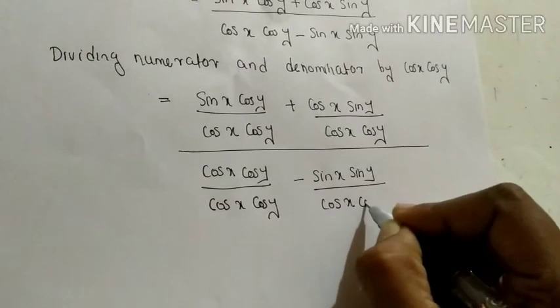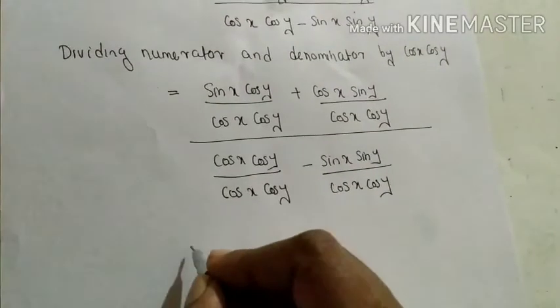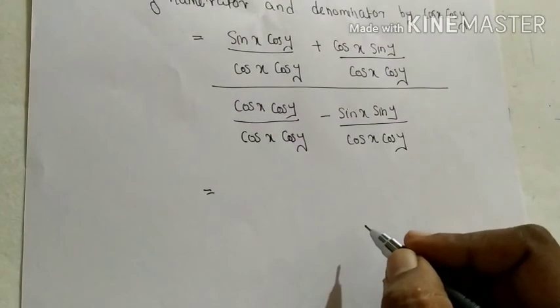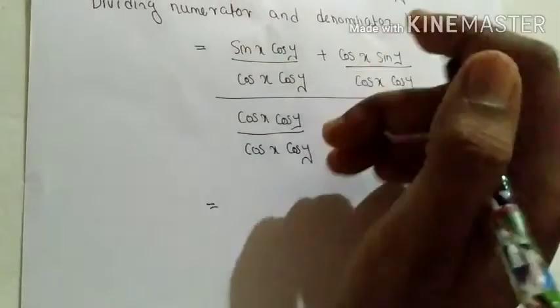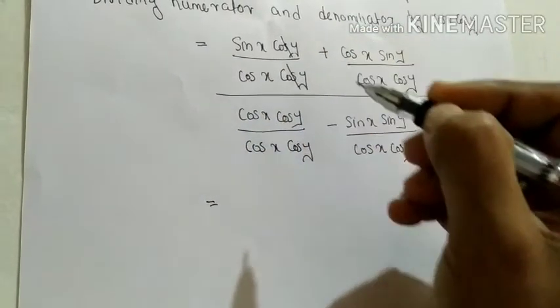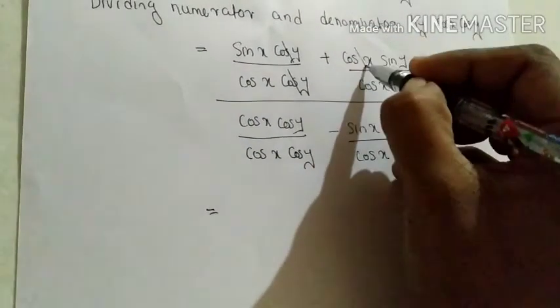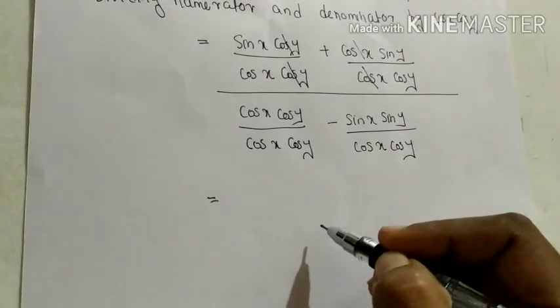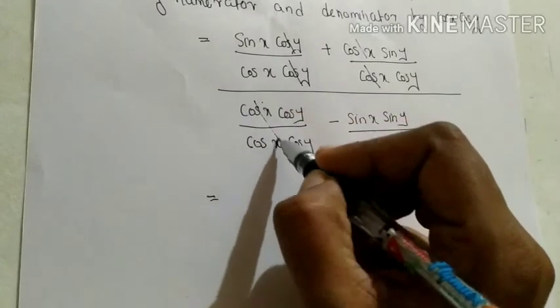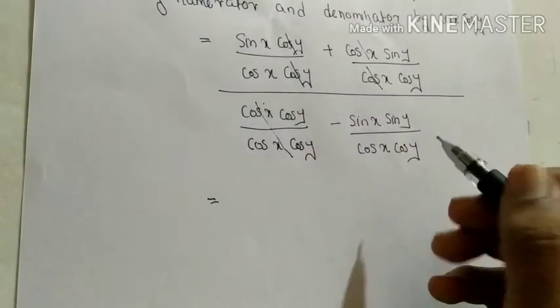Which will further equal to, if you observe the numerator, here cos y cancels, and again cos x cancels. In the denominator, this whole term cancels.